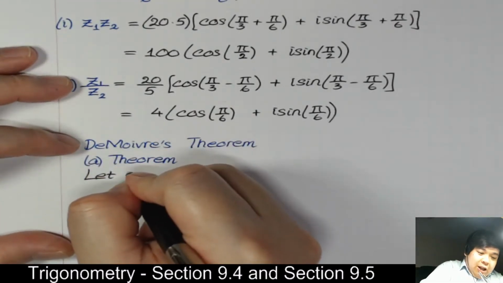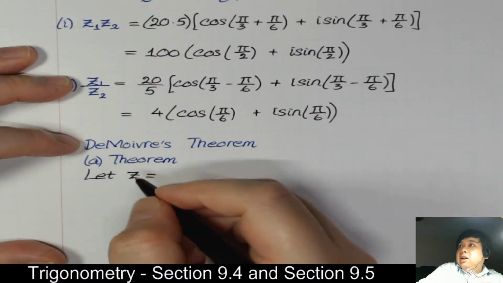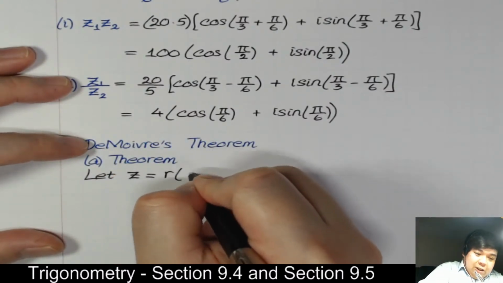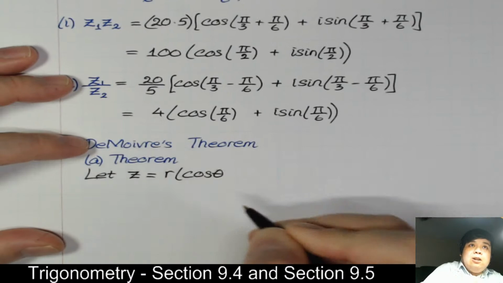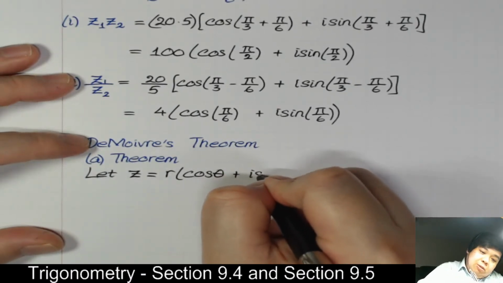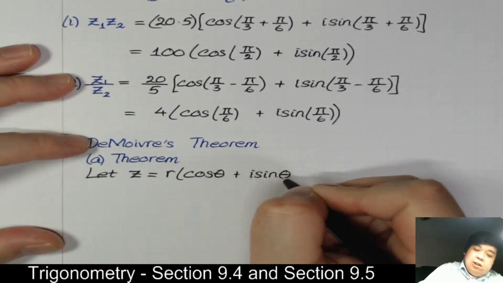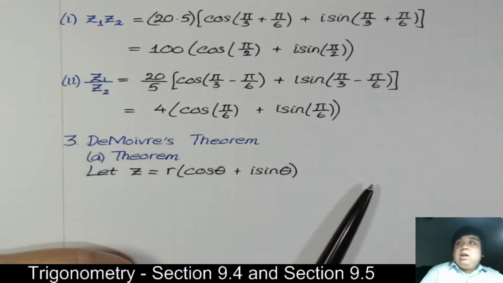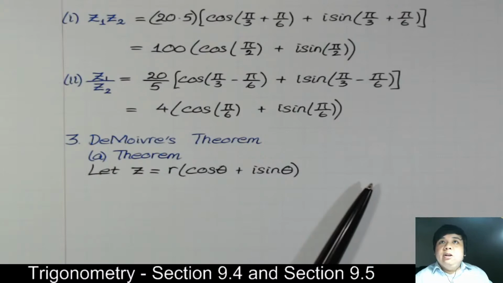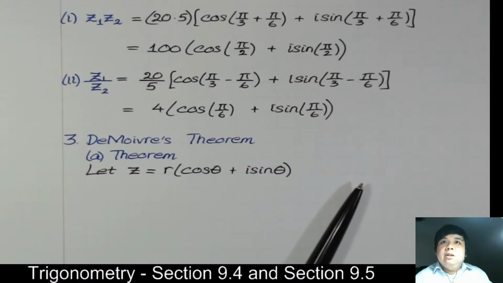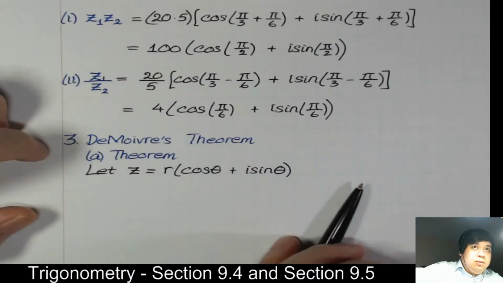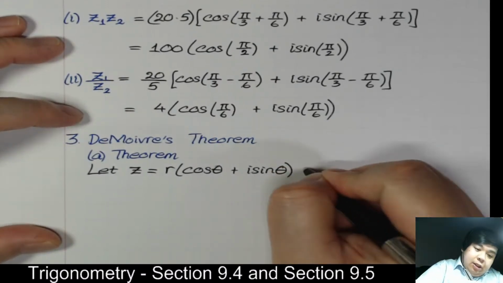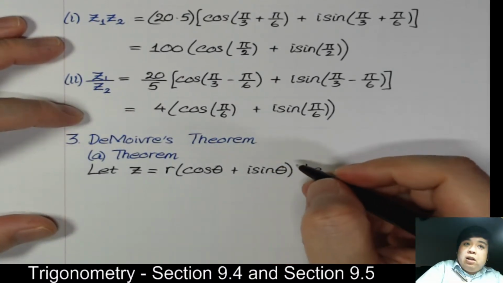First, if we have z is r cosine theta plus I sine theta, a complex number in the polar form. That is a complex number.